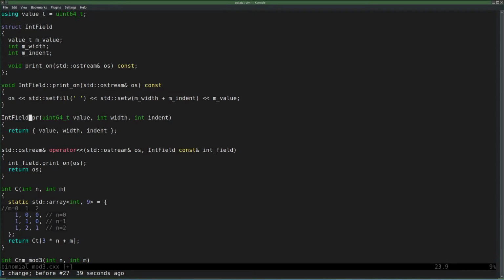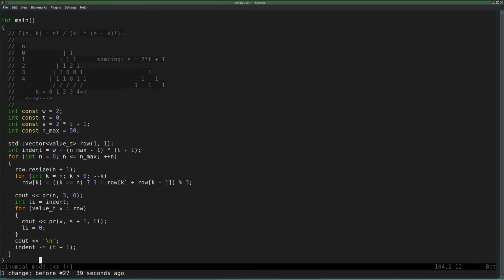And then we print the int field. What the hell? I'll just print double the digits, as long as it's visible.